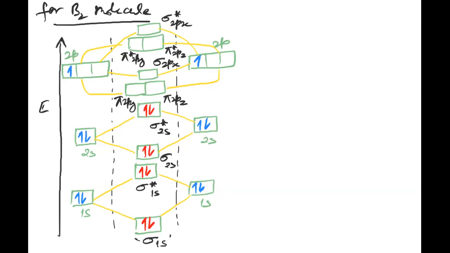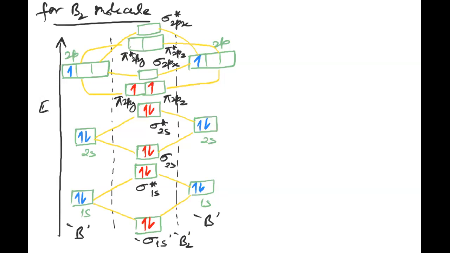Due to linear combination of the 2p orbitals, we should have 1 electron each, unpaired, in two different orbitals, which may be written as pi 2py and pi 2pz orbitals. This may be for boron as an atom, and this may be for the B2 molecule.